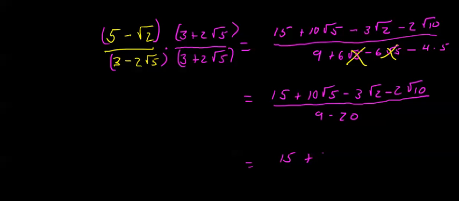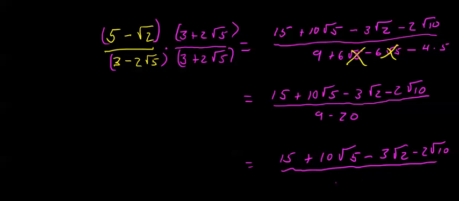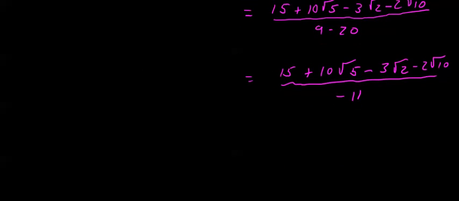or 15 plus 10 radical 5 minus 3 radical 2 minus 2 radical 10 over negative 11. We are not allowed to leave a negative in the denominator, ever.